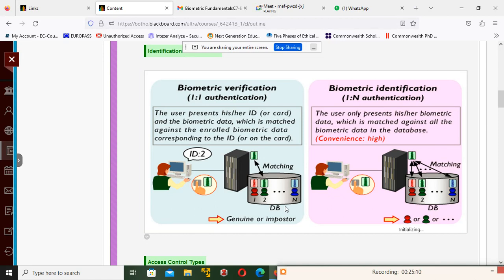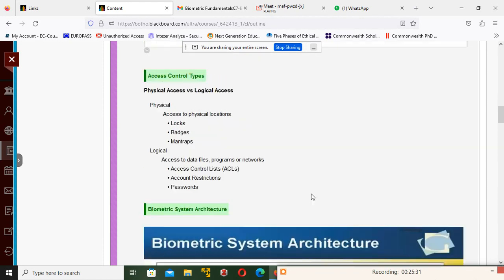If we want to identify that it is you, because we have a database sitting somewhere, we just scan or capture your fingerprints, or if it is DNA, it is processed in the lab and matched with what is in the database, and that is able to resolve whether it is you or not.